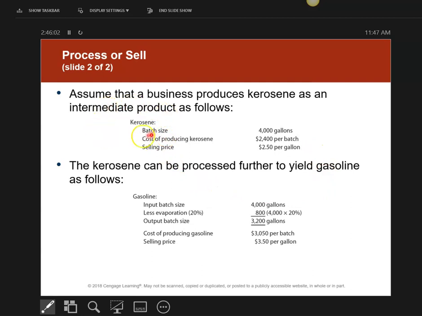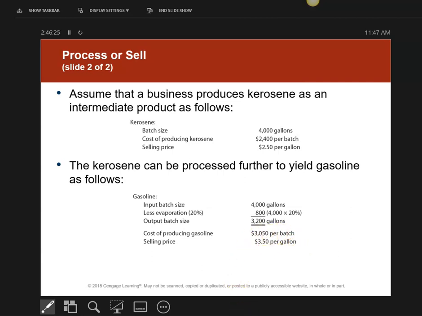So that's the sell halfway through point, or I can continue processing it to make gasoline. The problem is my batch size is 4,000 gallons, but because of 20% evaporation, I only end up with 3,200 gallons. It costs me $3,050 per batch, and I can sell it for $3.50 a gallon.